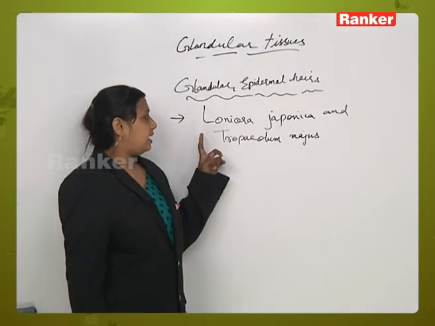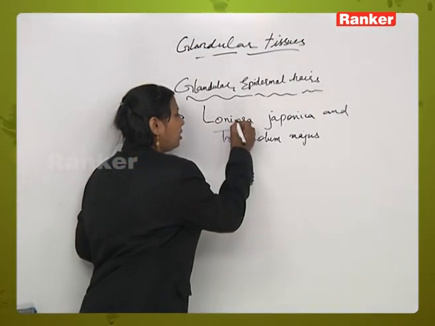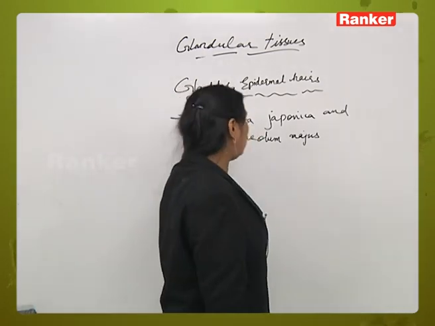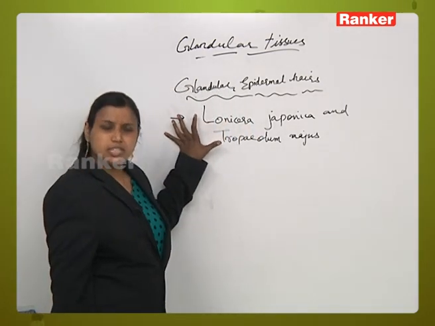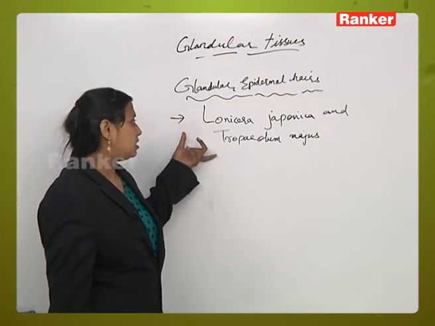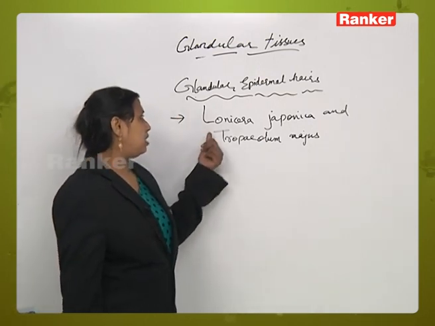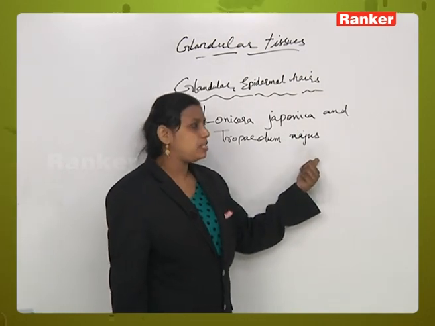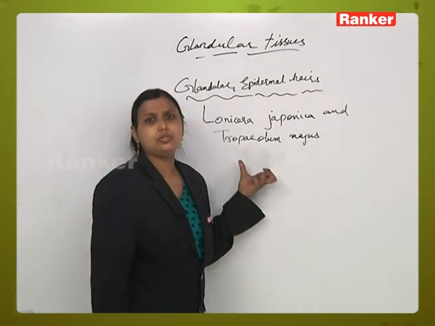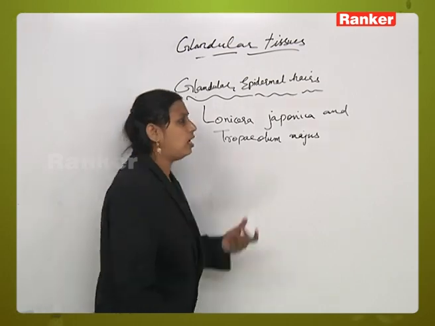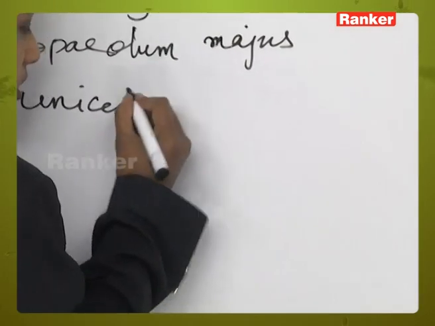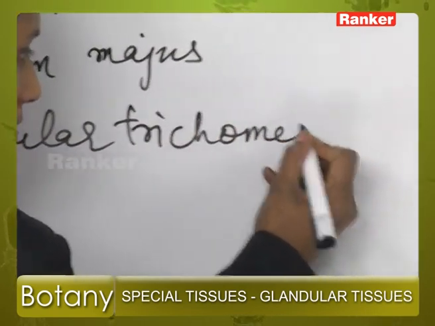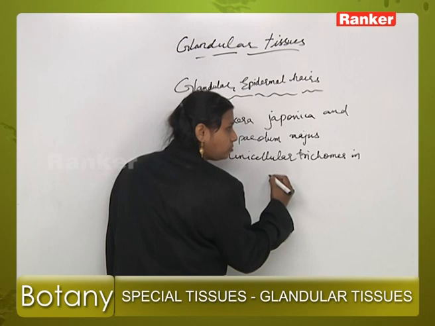For example, in the flowers of Lonicera japonica and Tropaeolum majus, the nectar is secreted through the unicellular hairs, the unicellular trichomes in the corolla.